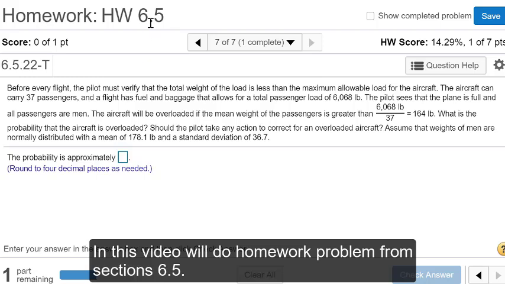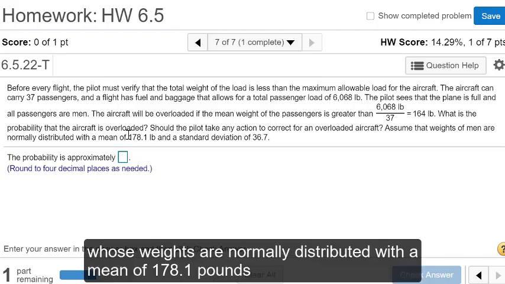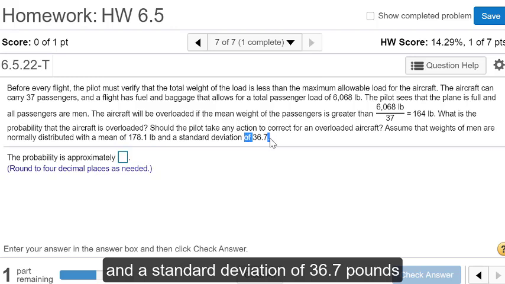In this video, we will do a homework problem from section 6.5. This problem talks about the amount of weight that a plane can take when there is a plane full of men whose weights are normally distributed with a mean of 178.1 pounds and a standard deviation of 36 pounds.